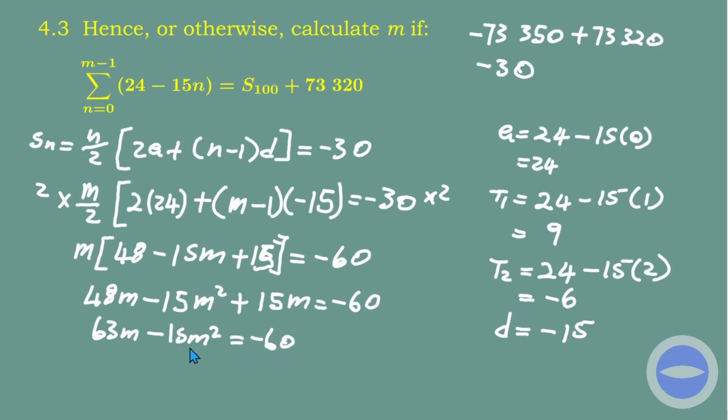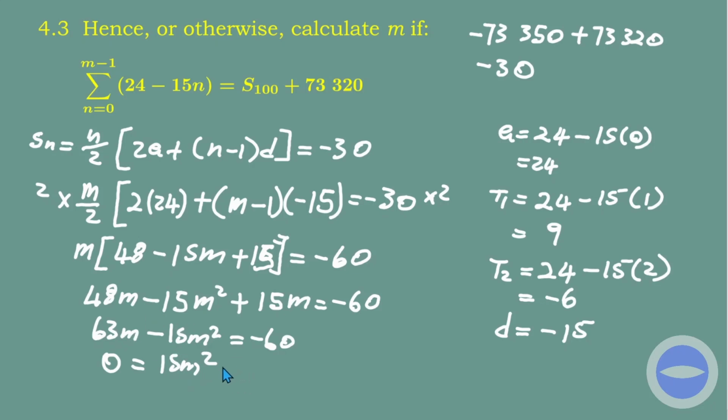So now I have to put the quadratic function in standard form. So I have 15m squared, and then I have 63m. To put it in standard form, I will move these terms from the left hand side to the right hand side. So on the left hand side, I will end up with 0, then equals, and then I move this one to the other side, I will have 15m squared.